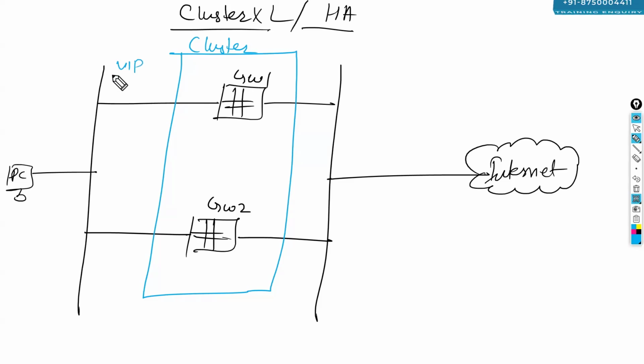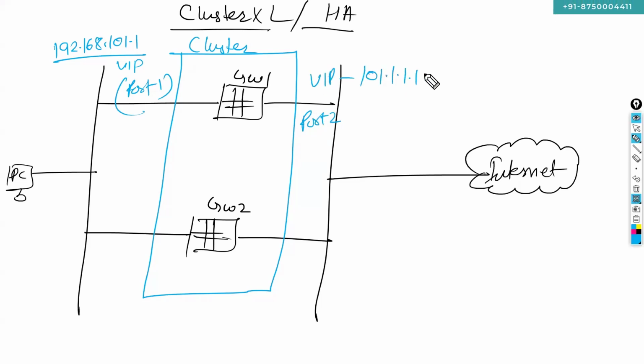For example, one virtual IP will be for the inside host, like 192.168.101.1. Another VIP we will use for another interface. For example, this is our port number 1, and for port number 1 we will use one virtual IP. We also have port number 2, and for port number 2 we will use another virtual IP like this one. Now, this VIP will be used for the communication.